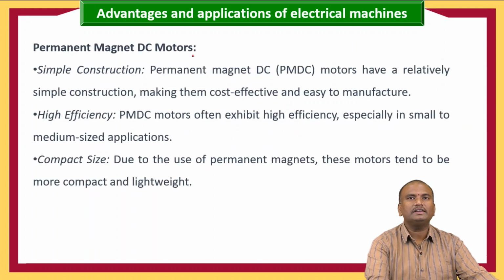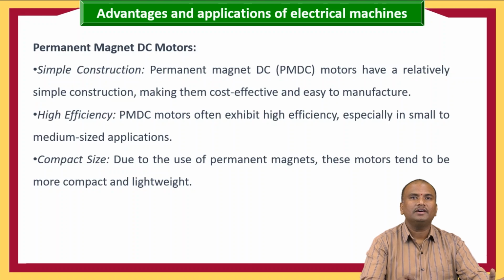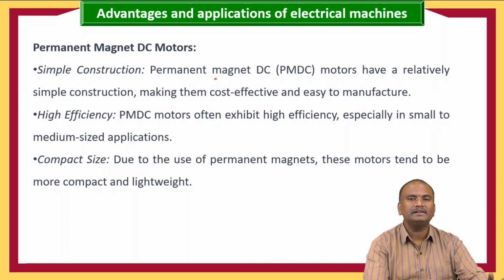Here the first one is the permanent magnet DC motor. It has a simple construction, because permanent magnets provide the field flux for the complete machine. There are no field windings, because only magnets are present.